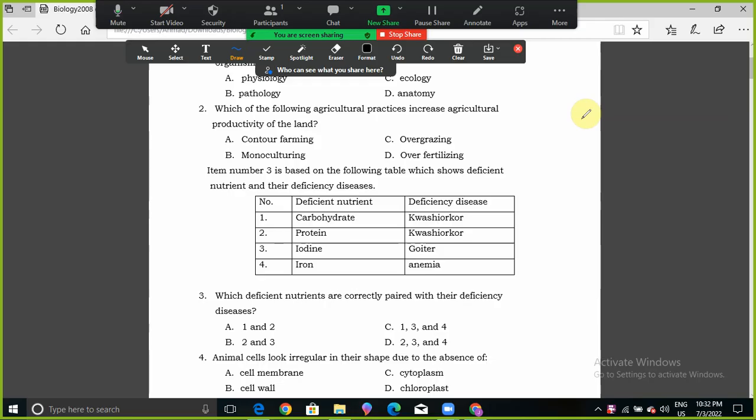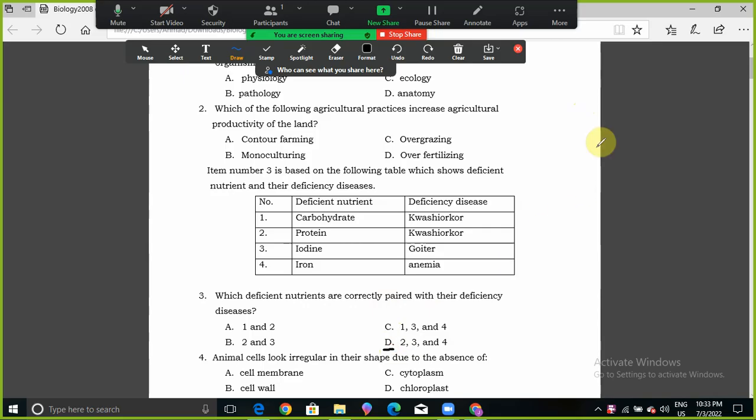Actually, iodine and iron are correct, but carbohydrate, no, because carbohydrate's deficiency disease is marasmus. So the correct answer is D, which is 2, 3, and 4. Protein and its deficiency disease is kwashiorkor, iodine and its deficiency disease is goiter, iron and its deficiency disease is anemia. So the correct answer is D.